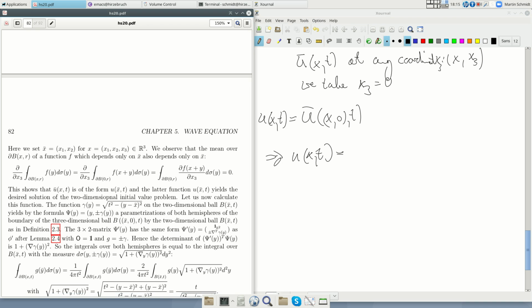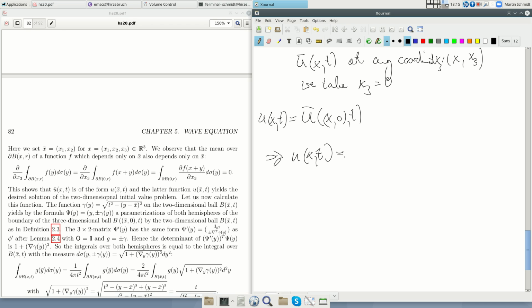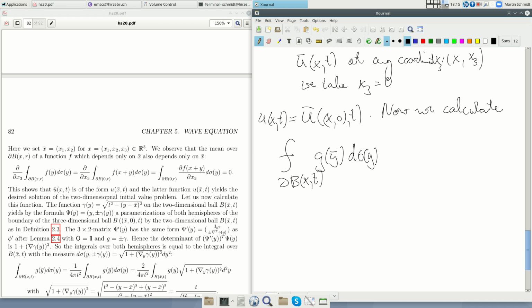So we have to calculate such means. We need to calculate this expression here, of g of y bar d sigma of y.